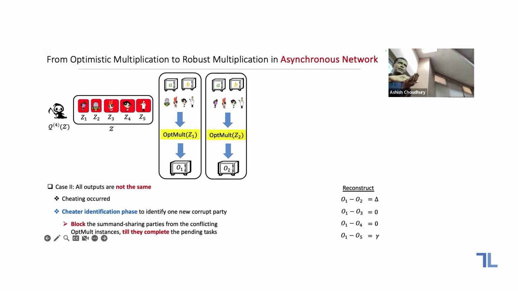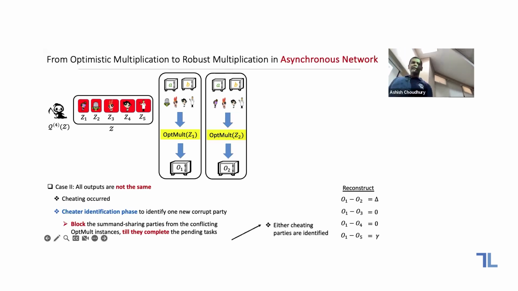That means we start running the next iteration, but the parties who are supposed to turn up during the cheater identification phase of the previous failed iteration are not allowed to participate in future iterations until they clear their backlogs of the previously failed iterations.